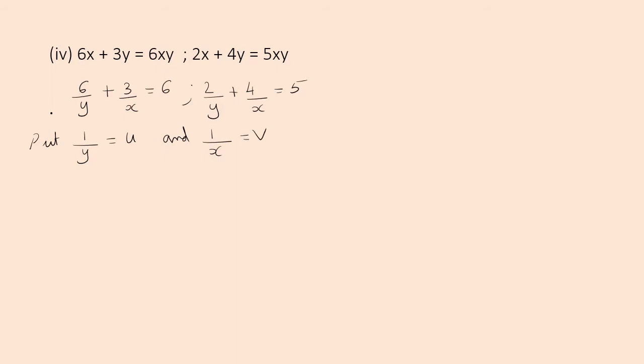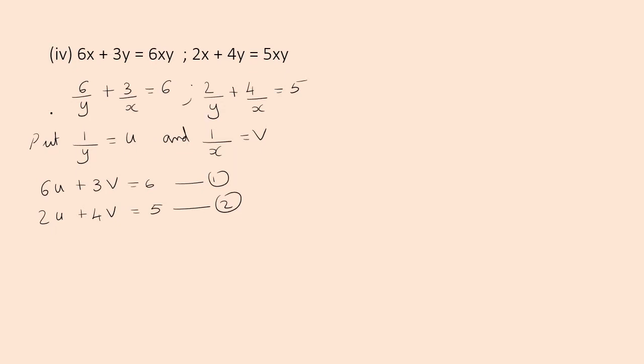So the given equation becomes 6u plus 3v equal to 6. Number the equation as 1. 2u plus 4v equal to 5. Number the equation as 2.